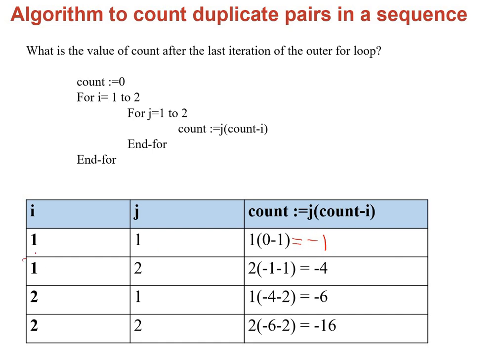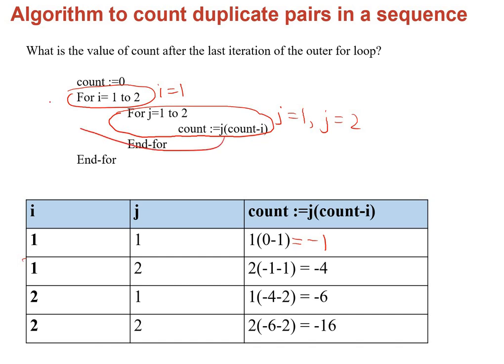Now remember, this is how the loop works. I is first 1, and then the inner loop is going to be executed with j equals 1 and then j equals 2. When this is done, it goes back to the outer loop and sets I equal to 2 and then comes back to the inner loop.